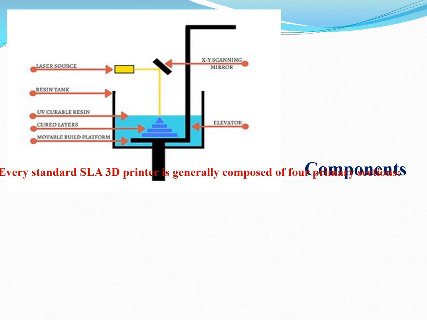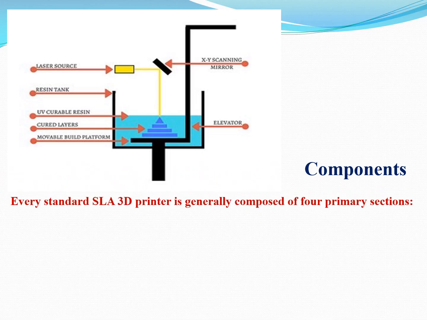Now, in the diagram, the yellow color indicates the laser source and the XY scanning mirror, which is the deflecting mirror, and this is the resin tank.